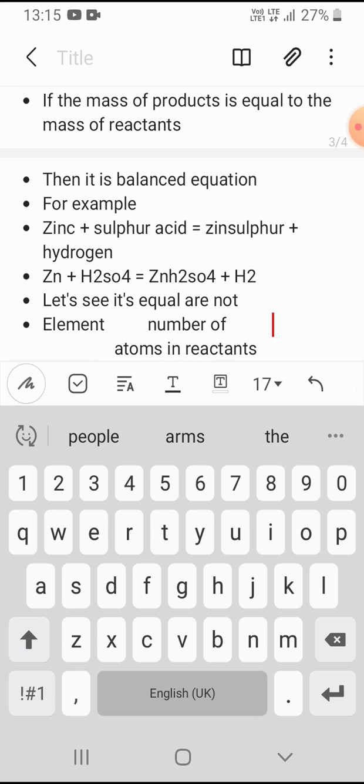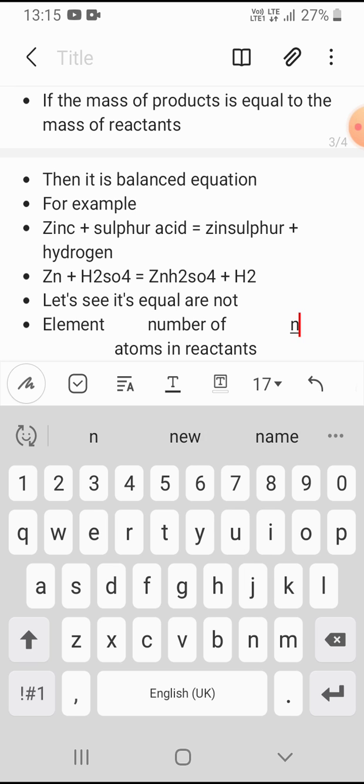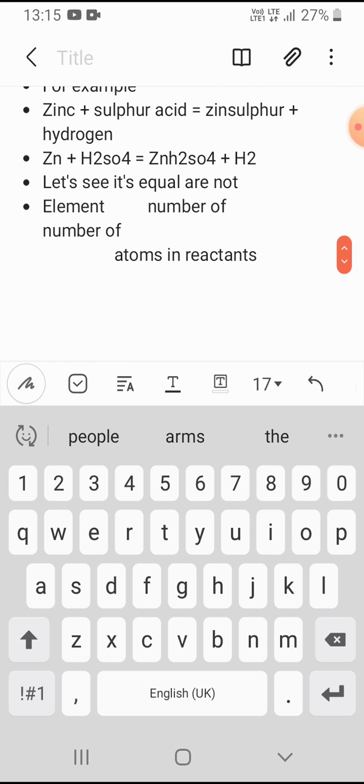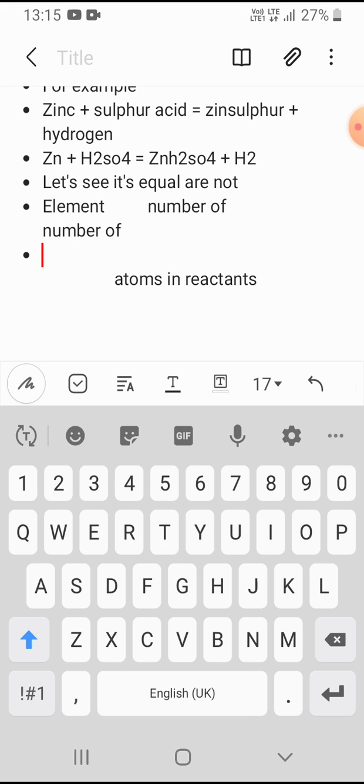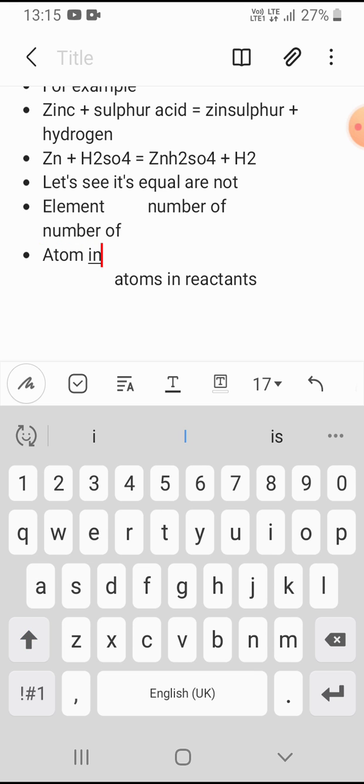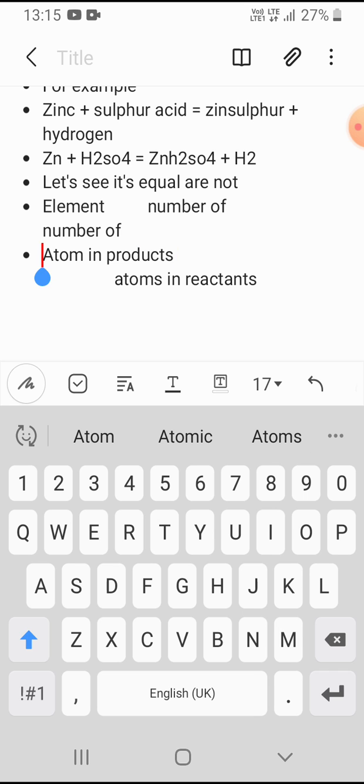Then we have to write the number of atoms in the reactants, how many atoms there are. Then we have to write the number of atoms in the products, that is, left hand side and right hand side.